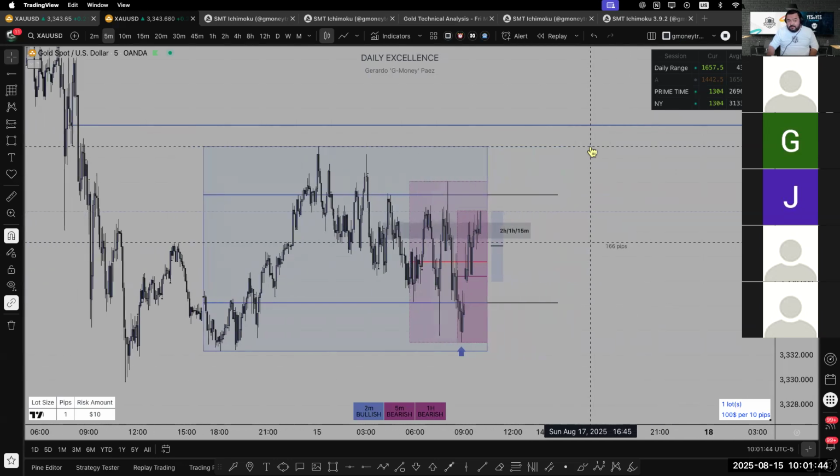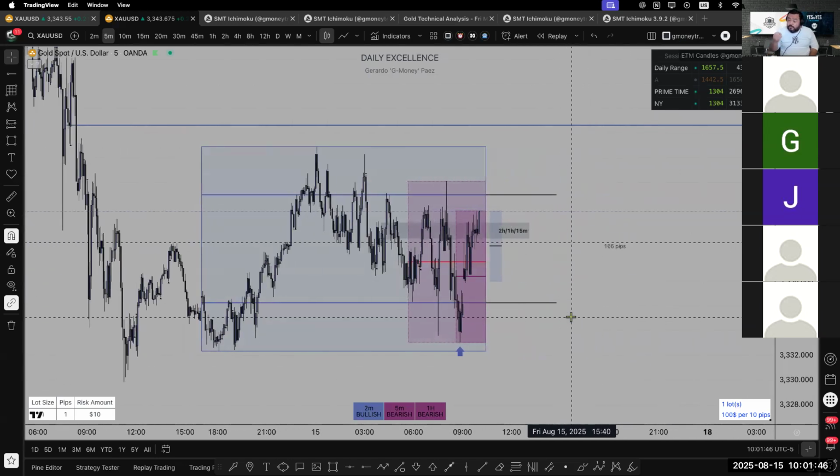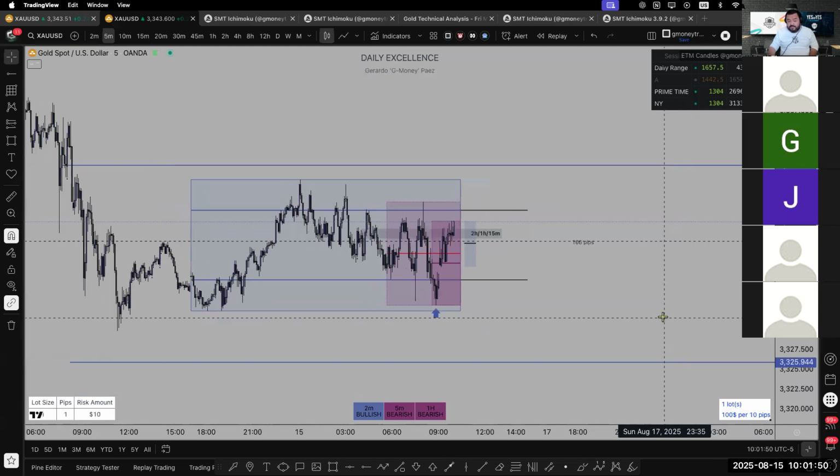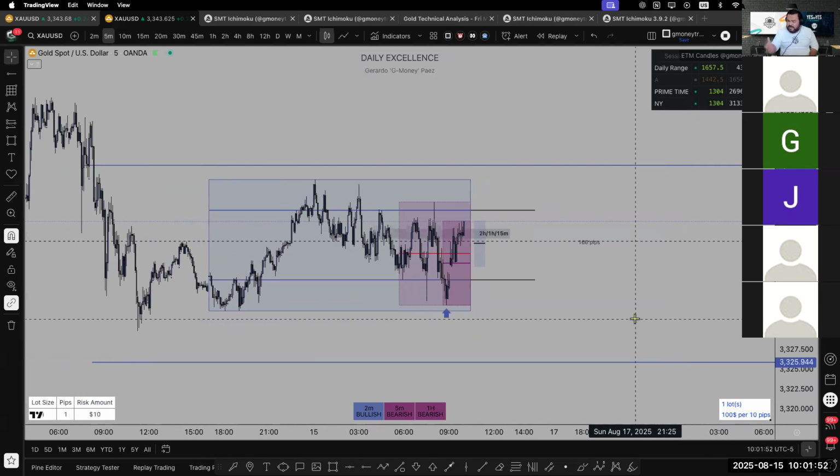Okay. But yeah, for the sell, Jeff, we're positioning ourselves for the sell, just like you positioned yourself for UJ yesterday, right? Just kind of like that today. I'm thinking that's a sell high area.